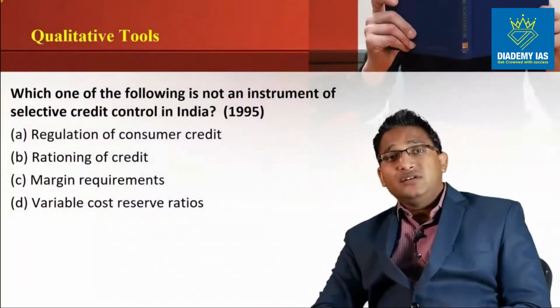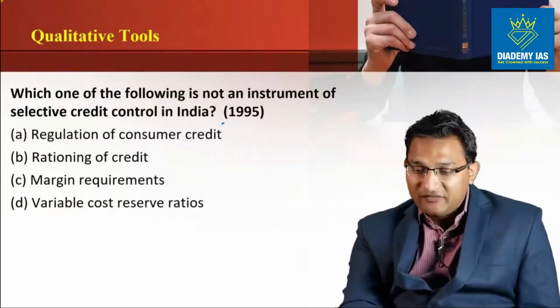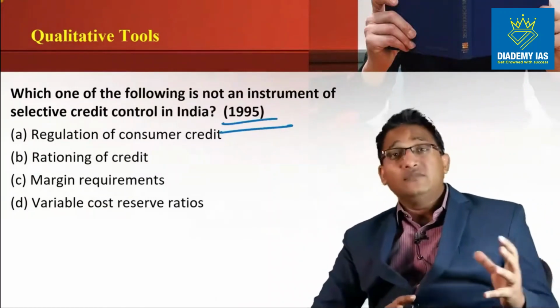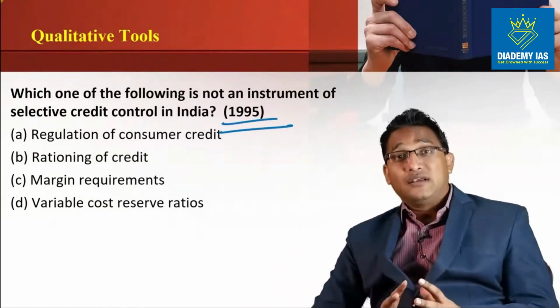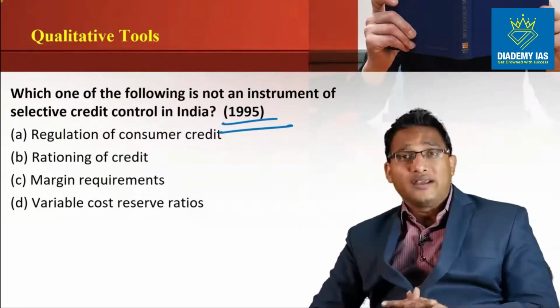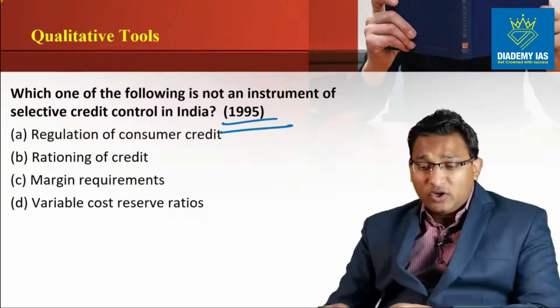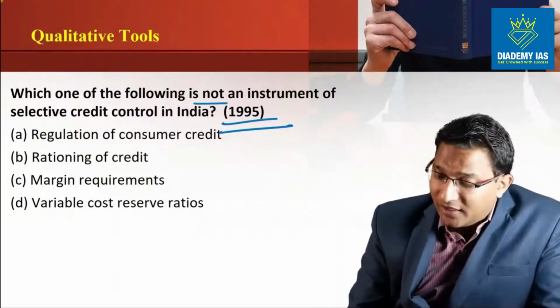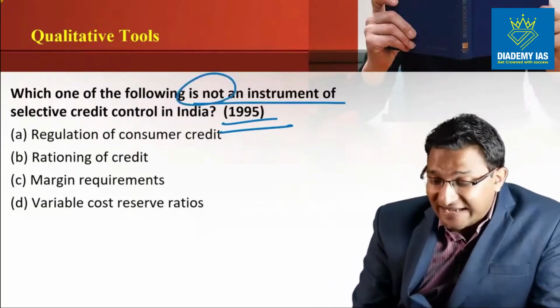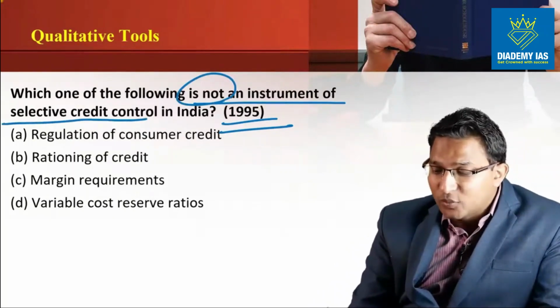Now the question. Just read this question and then we will discuss. This is the UPSC question of 1995. In recent times no question has come, but there is no guarantee that a question will not come again. The question can come at any time. Which one of the following is not an instrument of selective credit control in India? A, regulation of consumer credit.